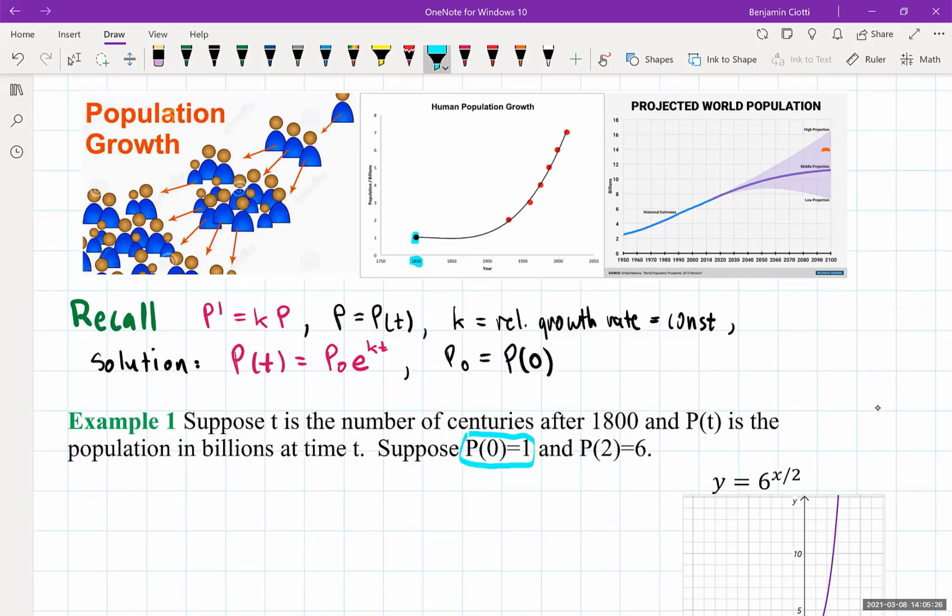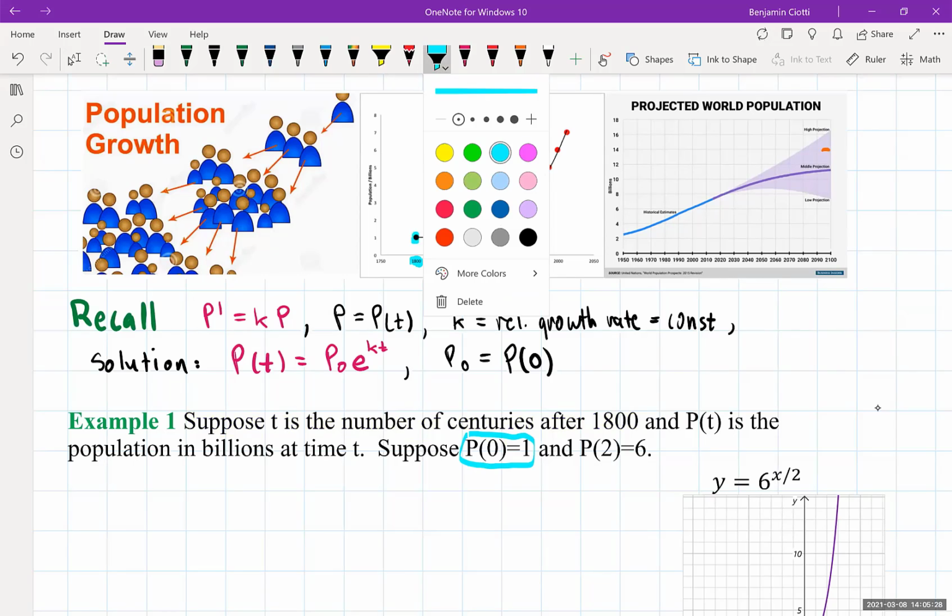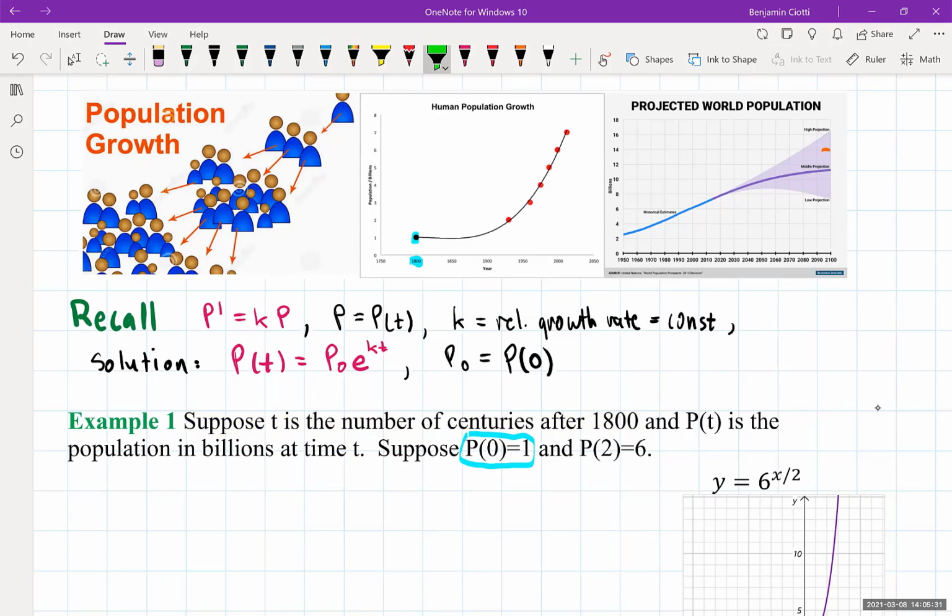So that's where we get this initial condition from. You can also see from the graph that in the year 2000, the population was about 6 billion. So that's where we get this data point from, because that's 2 centuries after 1800.